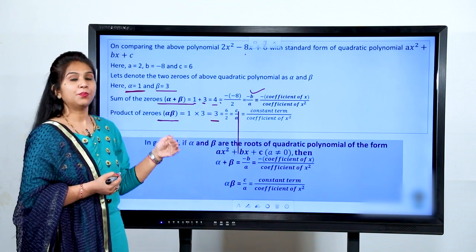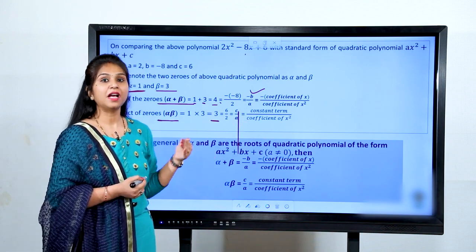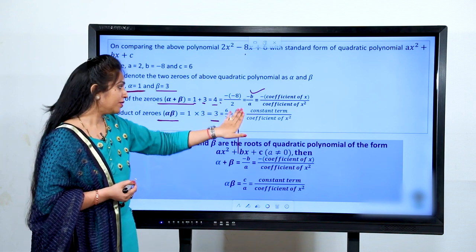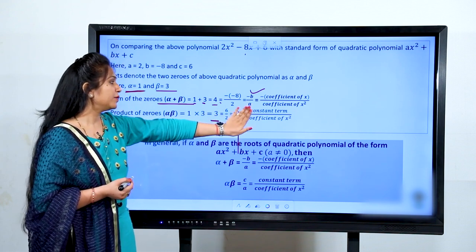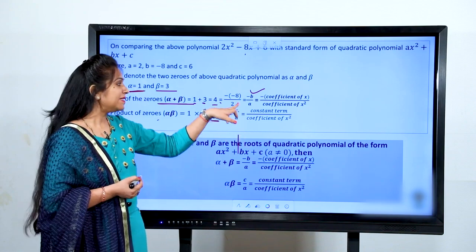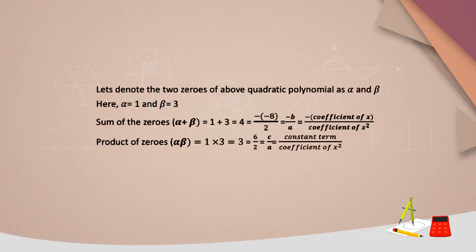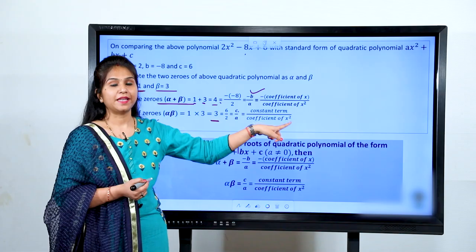And similarly, the product of the zeros, that is alpha × beta, we can also calculate. This product of zeros we can calculate by c/a. What is c? c is the constant term, upon the coefficient of x².